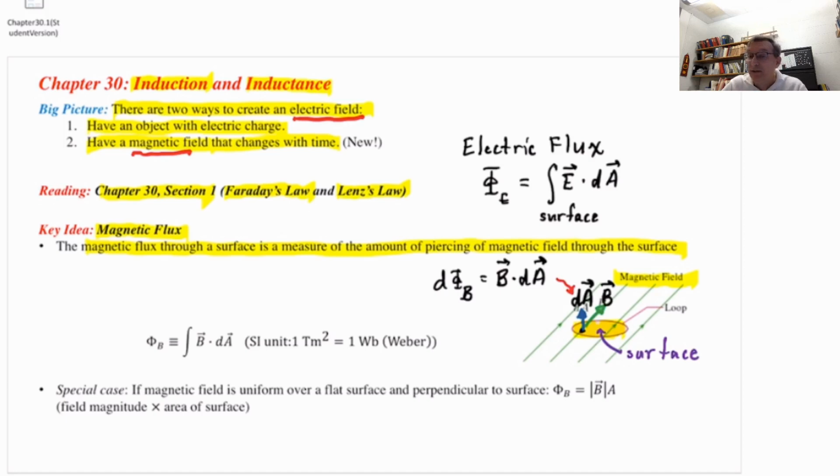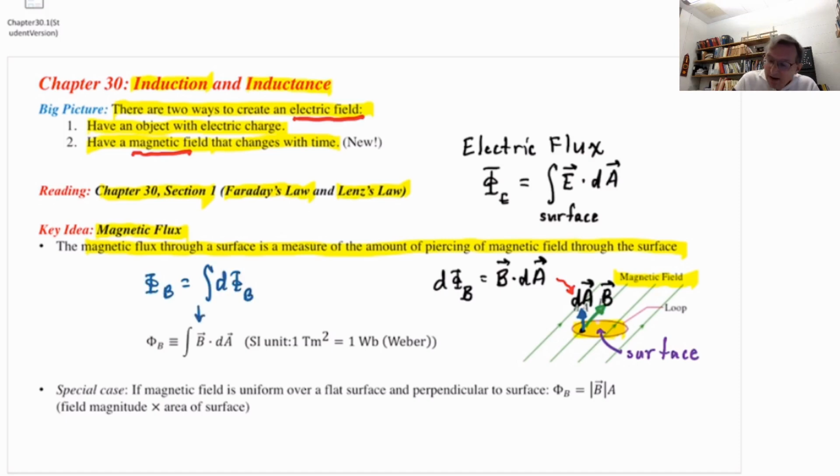That's a dot product of two vectors, B arrow dot dA arrow. And then to get the total magnetic flux for the whole surface, I add up all the d phi B's for all the little patches of area that make up that surface.